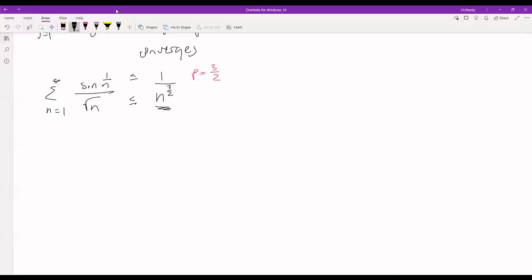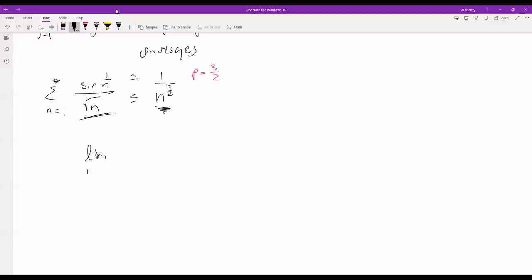So it's unclear by direct comparison whether the left expression is greater than or less than the right expression, right? Because if the denominator on the left had been greater than or equal to, then it'd be obvious that the left is less than the right, but it is not. The denominator is less than or equal to. So therefore, we will go into the limit comparison test.